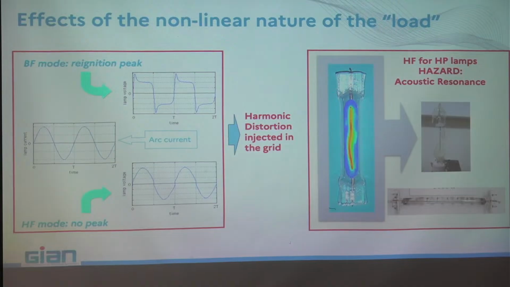We excite acoustic resonance inside, and you see everything gone in a very nice explosion. And you see here that for the industry that was very bad news, because even the external tube is not protecting from the explosion.